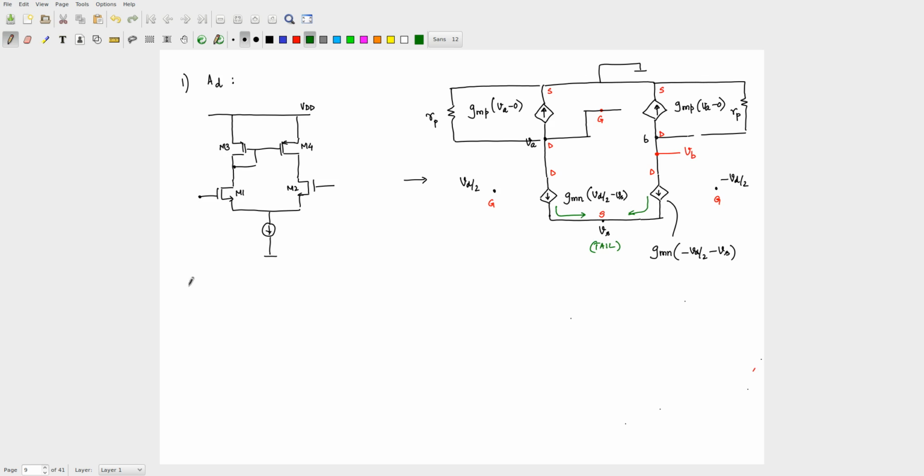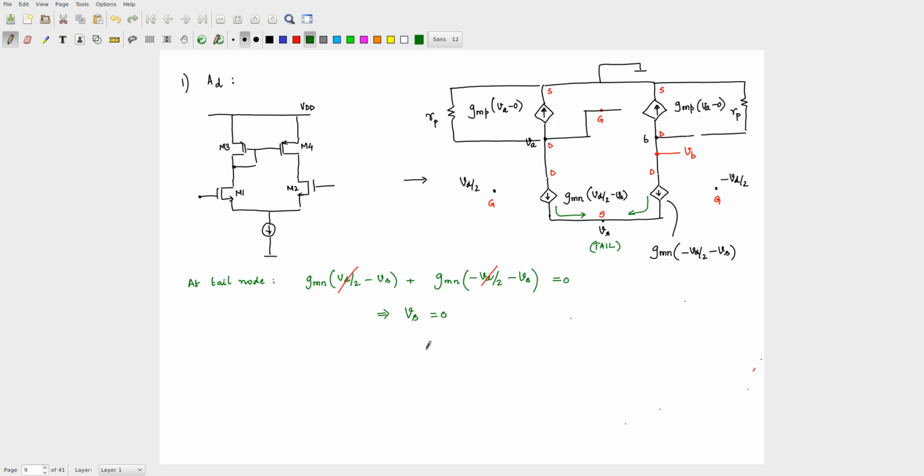So at the tail node, you will have GMN into VD by 2 minus Vs, plus this current, which is GMN into minus VD by 2 minus Vs. Total current is 0 because no current is leaving here. So what does this show? This goes, that goes. So I essentially get the relationship that Vs is 0.